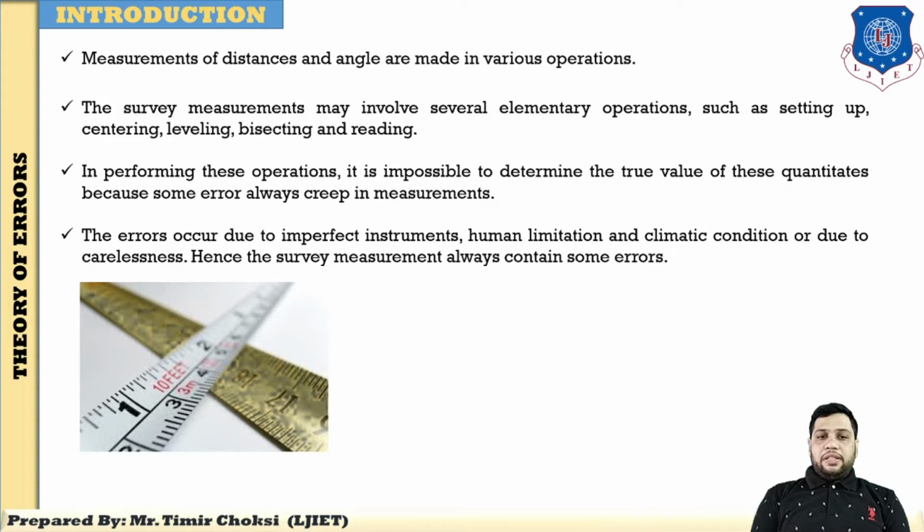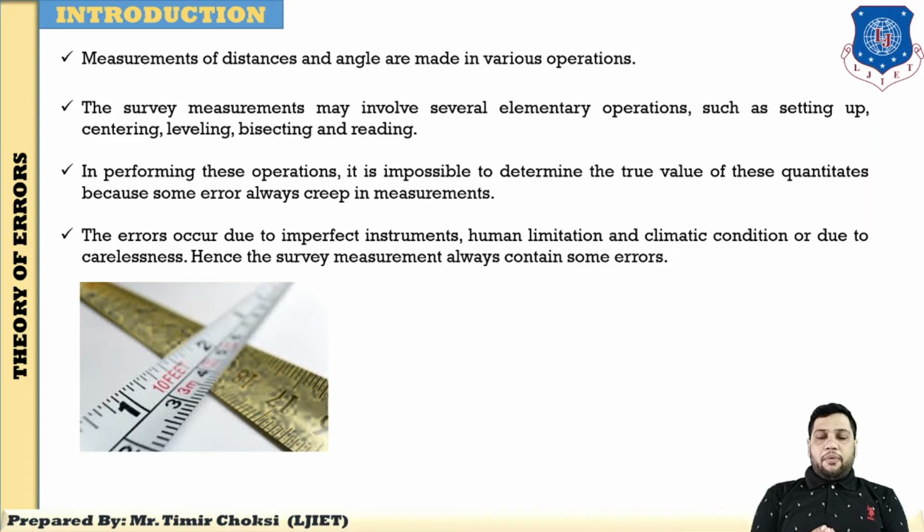So while taking the measurement using this instrument, a number of operations are there on a field, like setting the instrument on a tripod or on a ground station, leveling, centering, bisecting the object, taking the reading.